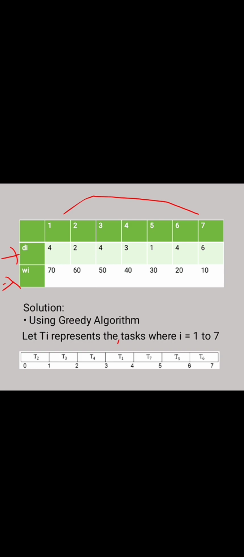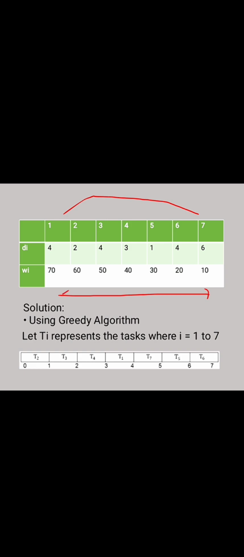So the solution for this is we need to use the greedy algorithm or the greedy approach. So the first step using the greedy approach is to arrange, or sort, all the penalties in decreasing order.